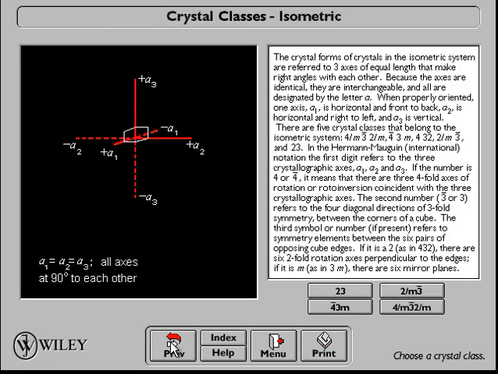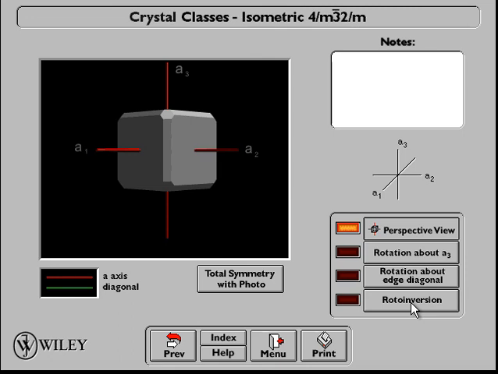Now we are coming to our last example for today: 4 over m with a 3 times roto-inversion axis and 2 over m. So 4 over m, we have a 4 times rotation axis with a perpendicular mirror plane.